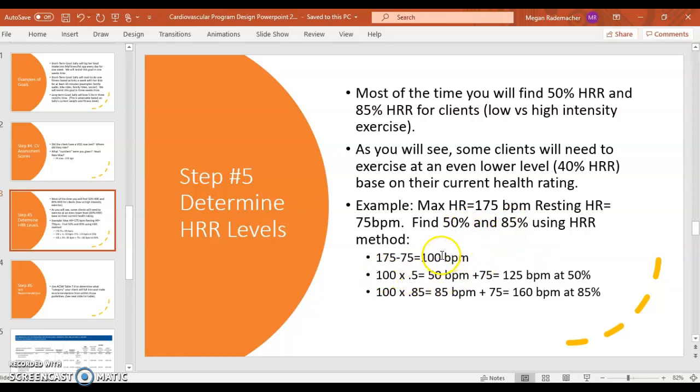So we take the 100, which is their heart rate reserve, multiply that by 0.5, which we get 50. We add back in their resting heart rate of 75 to get a total of 125 beats per minute at that 50% range. Do the exact same thing for 85%, and then we would get 160.